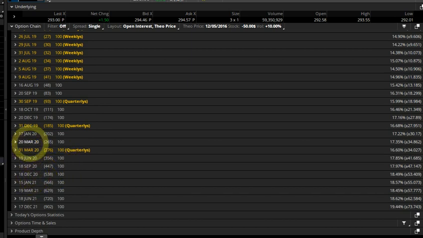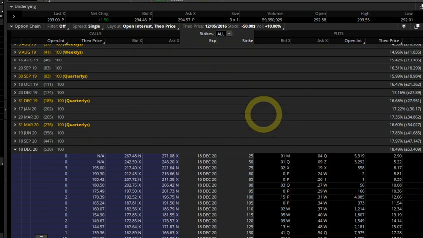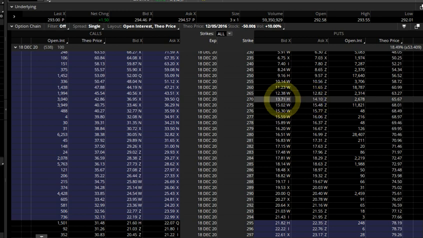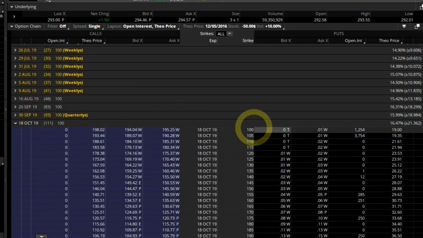So let's look at the December, would be right here, and let's say you bought the 270. The 270 is going to cost you, well, right now it's pretty high. Maybe we don't buy that much time. Let's look at the October, 100 days.